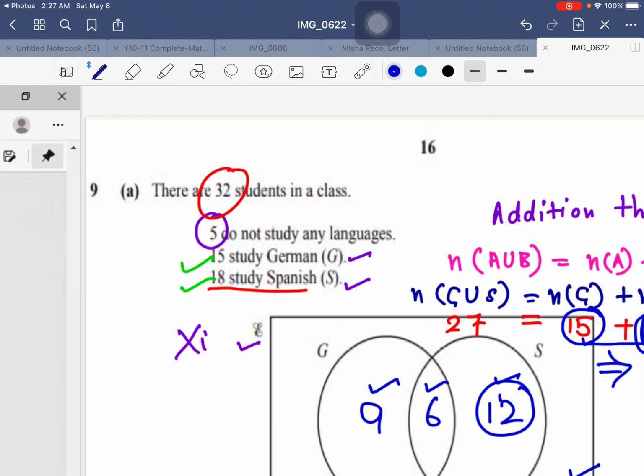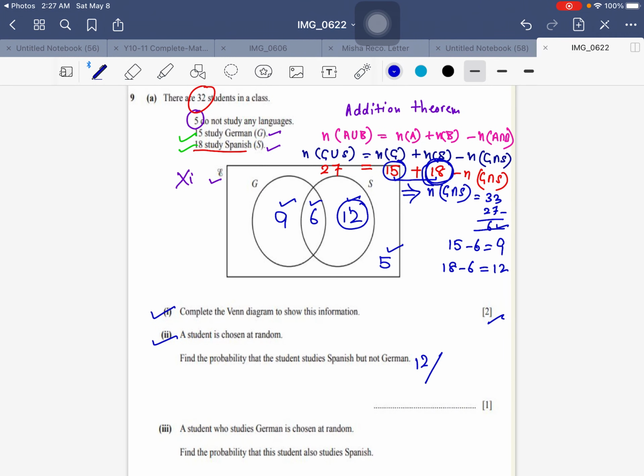Total students were 32. So 12 divided by 32, because the definition of probability is favorable outcomes divided by total outcomes. In this part, favorable outcomes are 12, the students learning only Spanish, not German, and the total is 32. So after cancellation, we get 3 by 8. So that's the answer to the second part, 1 mark. Done.